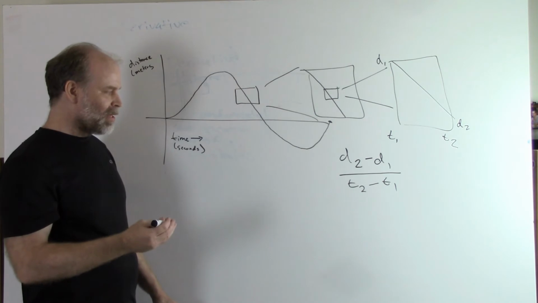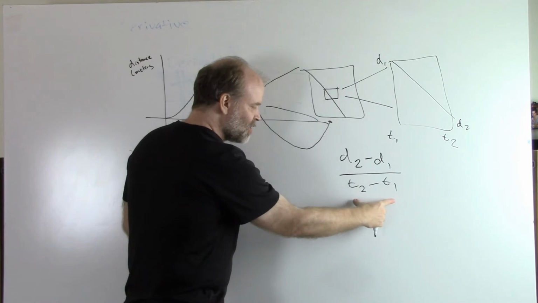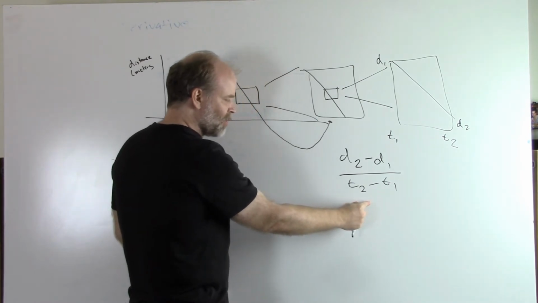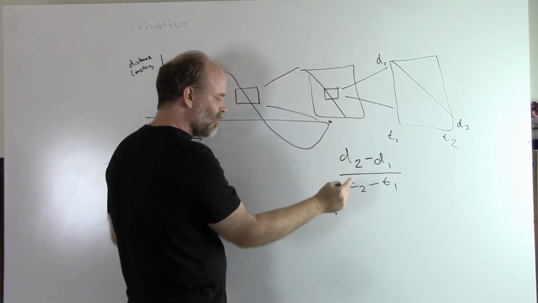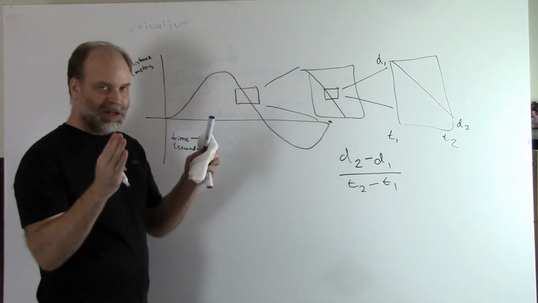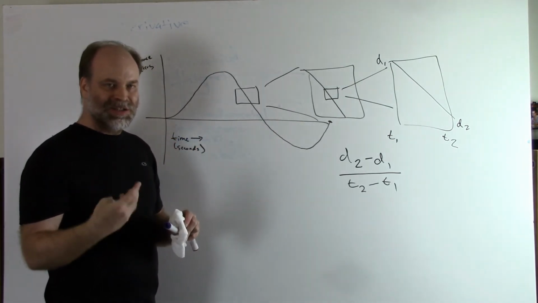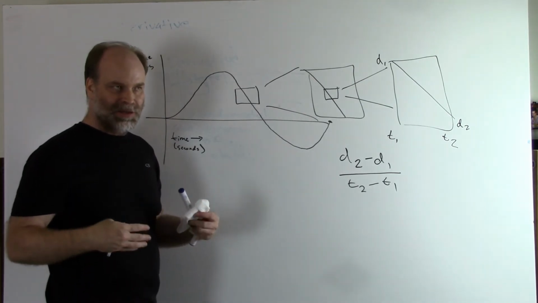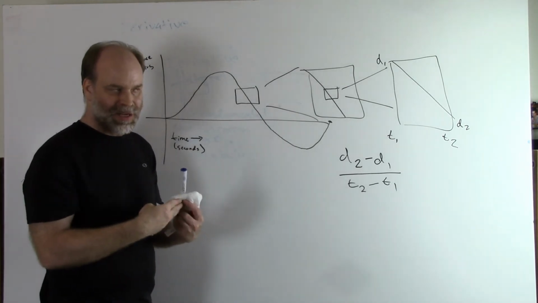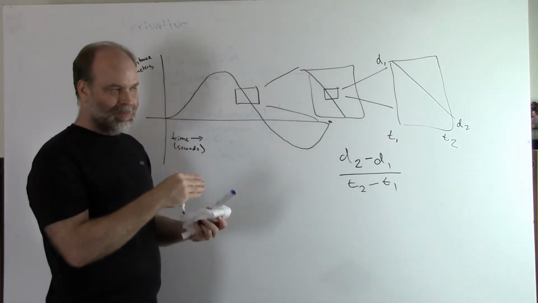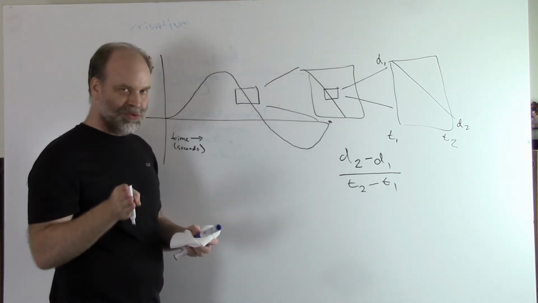But what we do is we imagine that as these 2 points in time are brought closer and closer together, the ratio of change in distance divided by change in time starts getting closer and closer to the true, instantaneous velocity. We presume that there is a real true number, where your needle is pointing on the speedometer at that point in time, which is the true velocity.